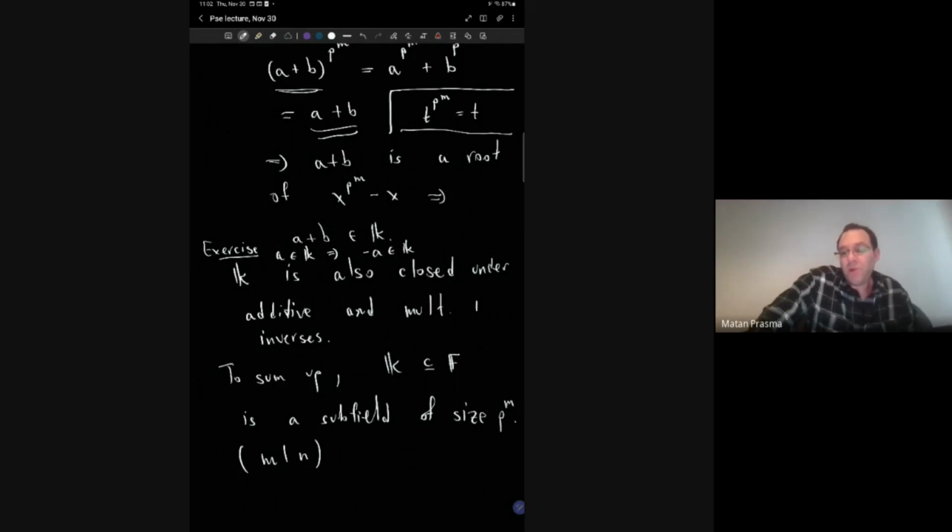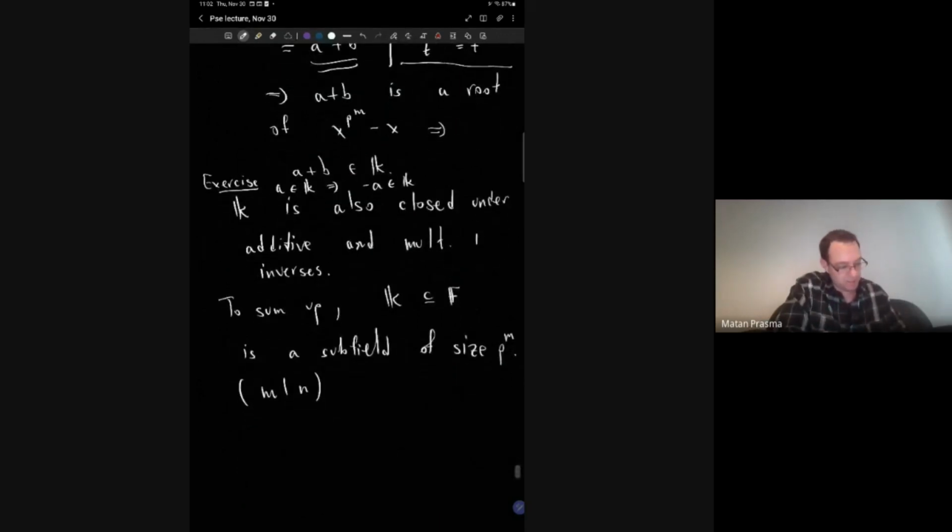So now we turn to uniqueness. The claim of the theorem, I remind you, is that for every m dividing n, there is exactly one subfield of F_q of size p^m, and no more.